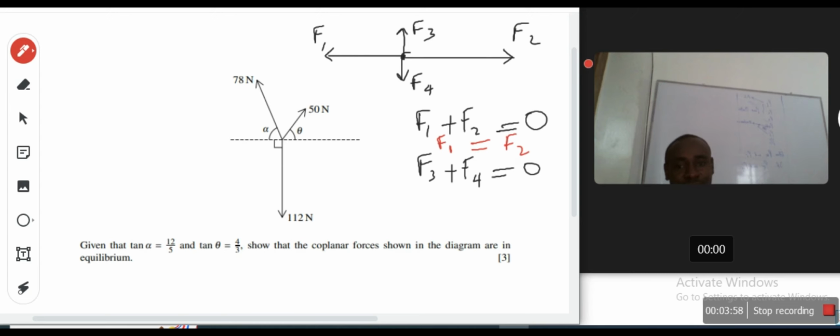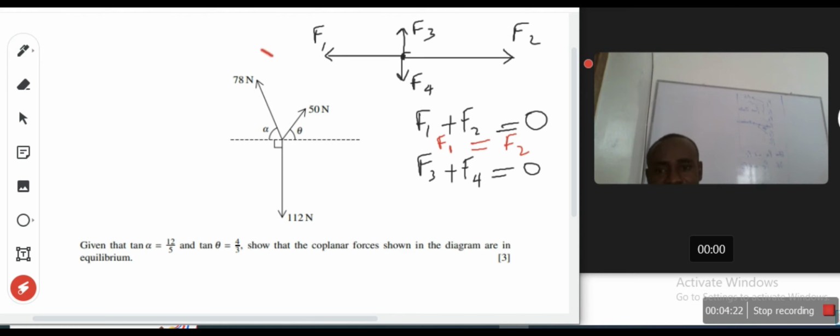That is for the horizontal forces F1 and F2. For the vertical forces F3 and F4, F3 must be equal to F4, or F3 plus F4 equal to 0 vectorially. When we say vectorially, you also put the direction into consideration, so signs are important. Are we good with that?